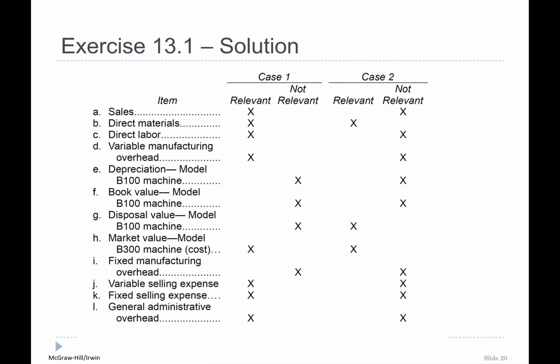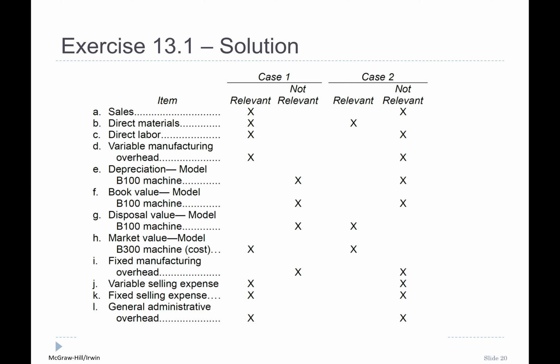Depreciation is not relevant. So, book value of model 100. Did you say it is always not relevant? Yeah, you can say that in decision making it is always not recommendable unless your decision is based on depreciation saving. We talk about depreciation of the model B100 machine, and about the salvage value.